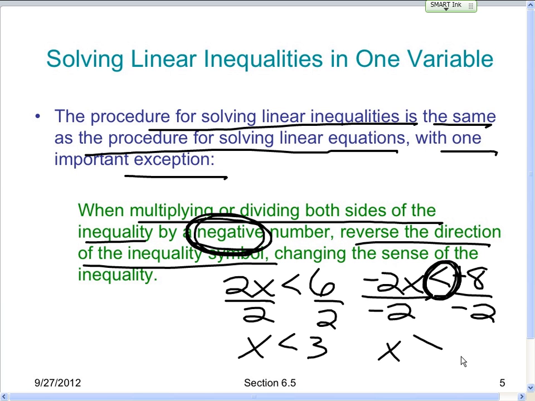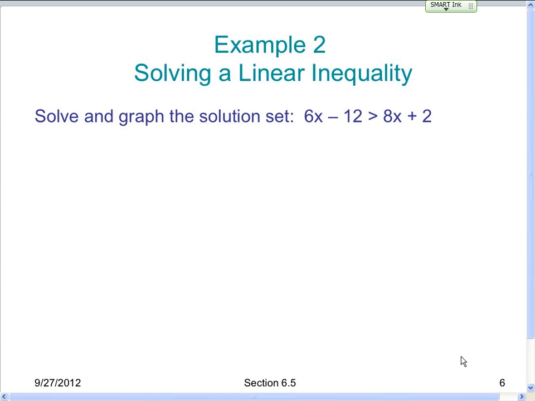So x has to become a greater than, and I don't remember if that was a positive 8 or not, so I'll make it positive. Positive 8 divided by -2 will give me a -4. So when multiplying or dividing by a negative number, you have to reverse the direction of the inequality symbol. Don't forget, if you're going to get these problems wrong, that's usually why.